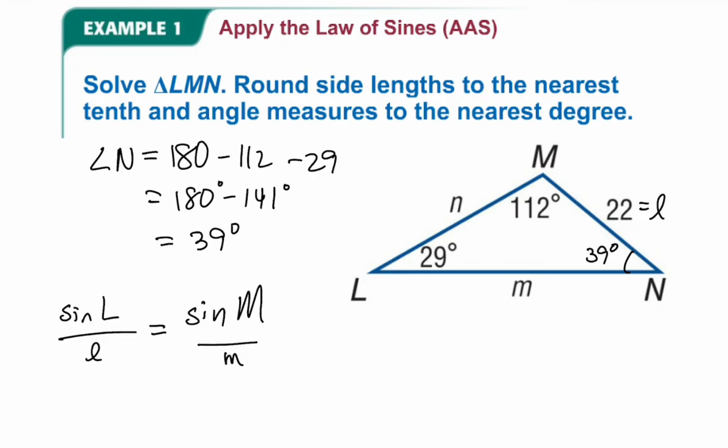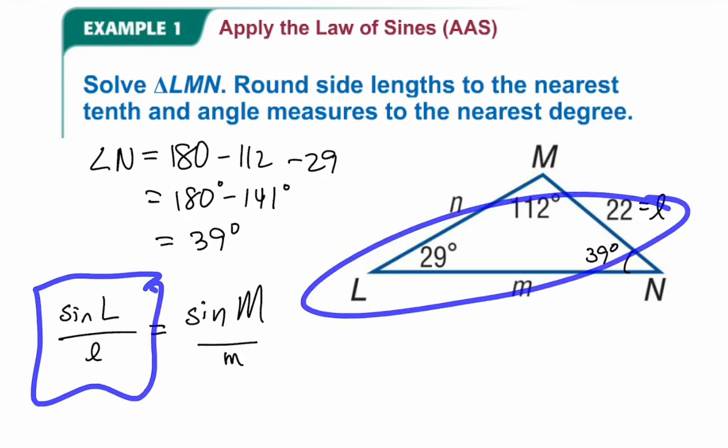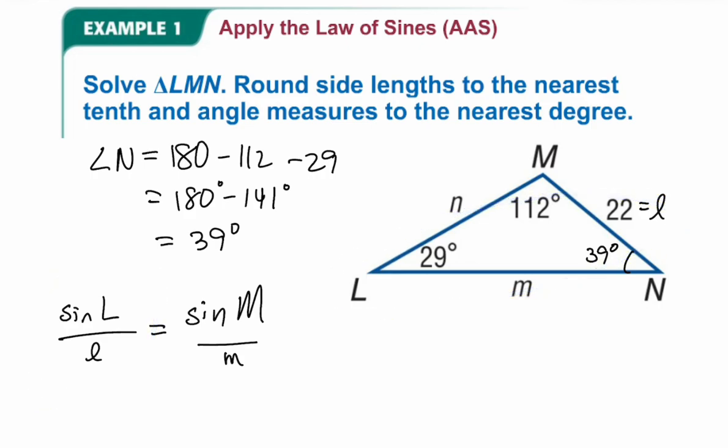Now, again, I said you had to start with a pair that's finished. This pair is finished, meaning I know the angle and its opposite side. So now let's plug in what we know. So I know that the sine of 29 degrees over 22 is the sine of 112 over little m.